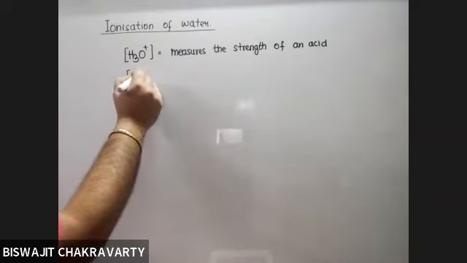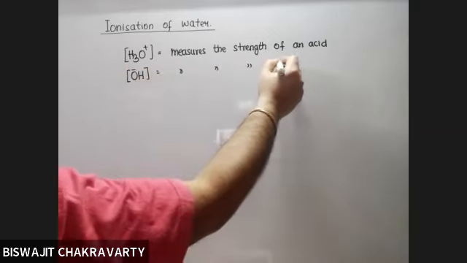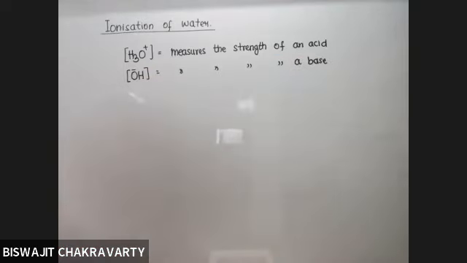Whereas OH minus measures the strength of a base. So OH minus measures the strength of a base and H3O plus measures the strength of an acid.